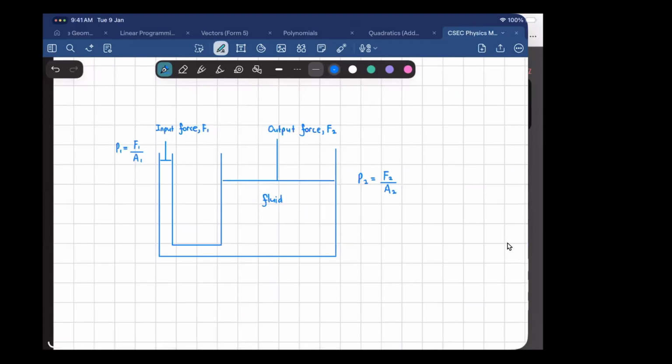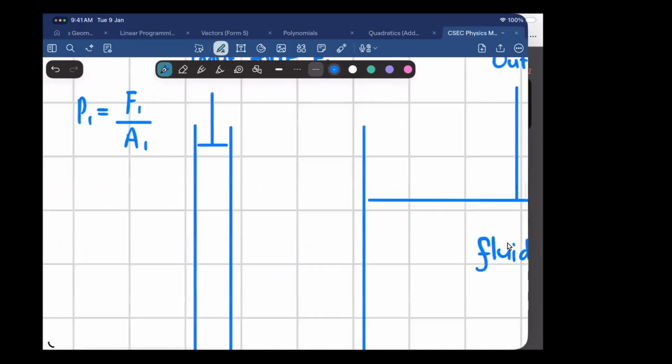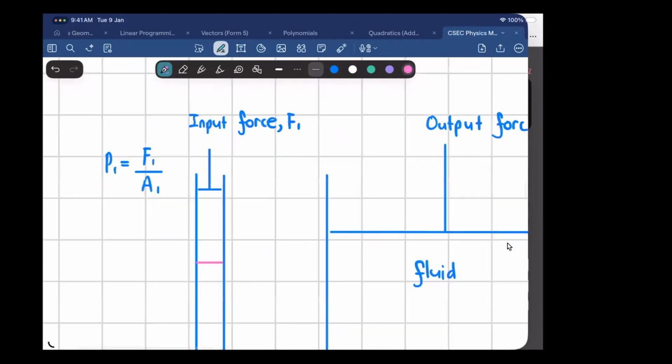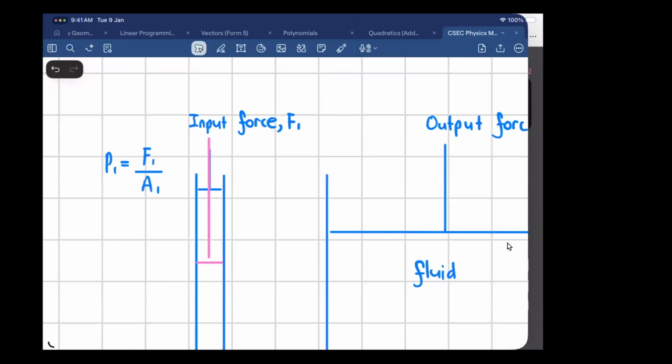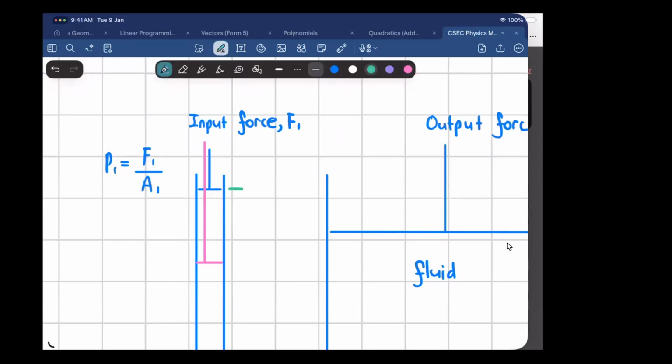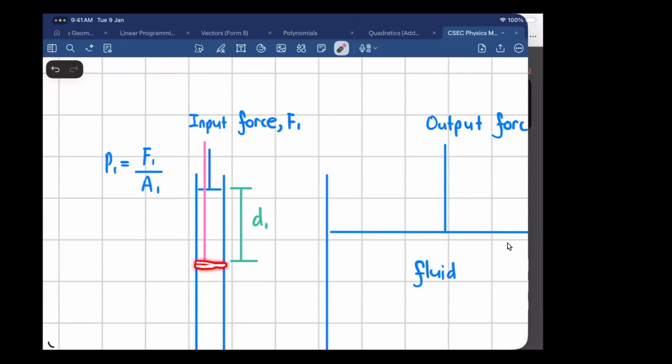So let's go through a hypothetical. If I press down on this plunger this much, and as such I move it this distance downwards, wouldn't it move a good distance downwards?